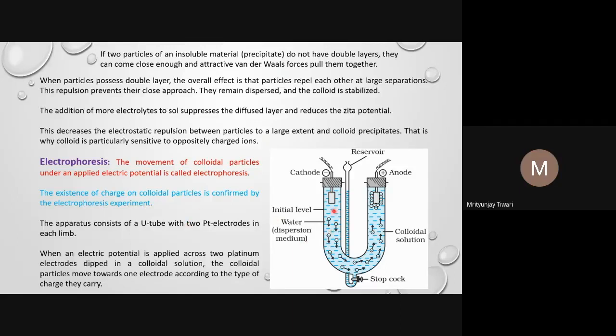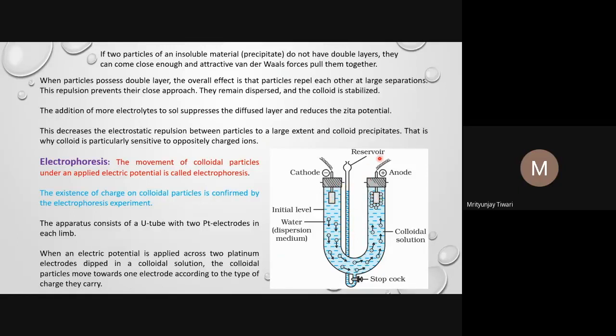So the electrophoresis experiment is used to find out the nature of the charge on the colloidal particles. To create an electric field, the apparatus contains a U tube, and both arms of this tube contain electrodes, two platinum electrodes.